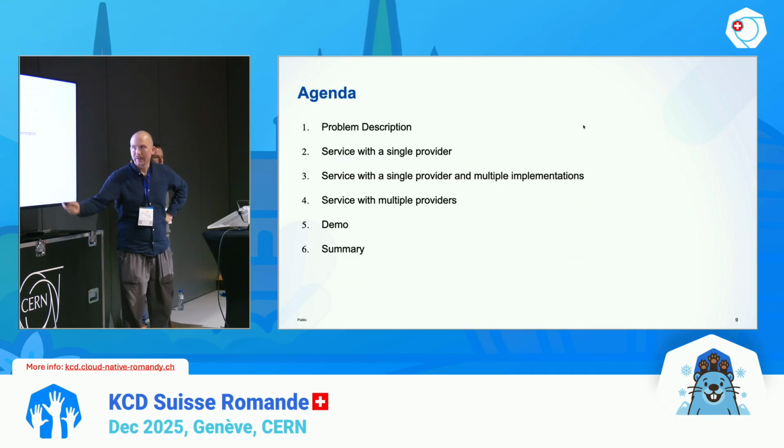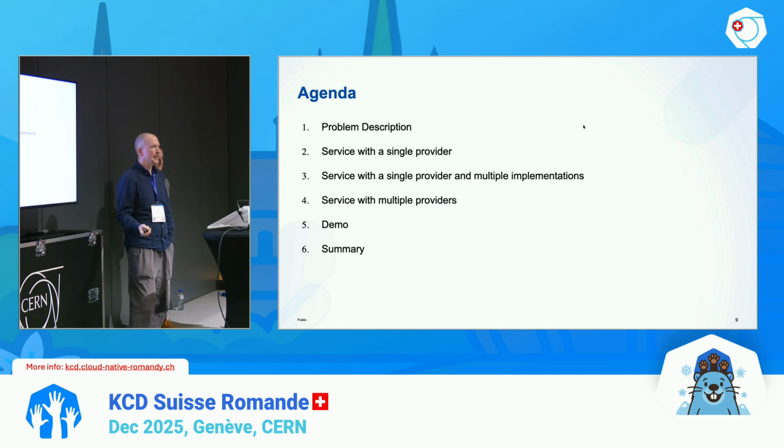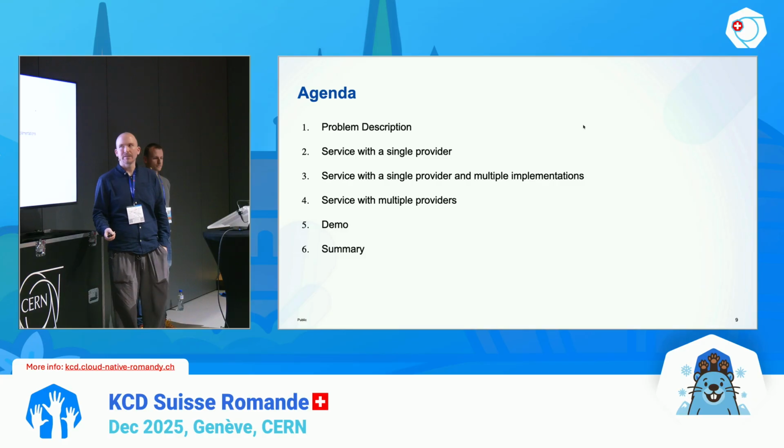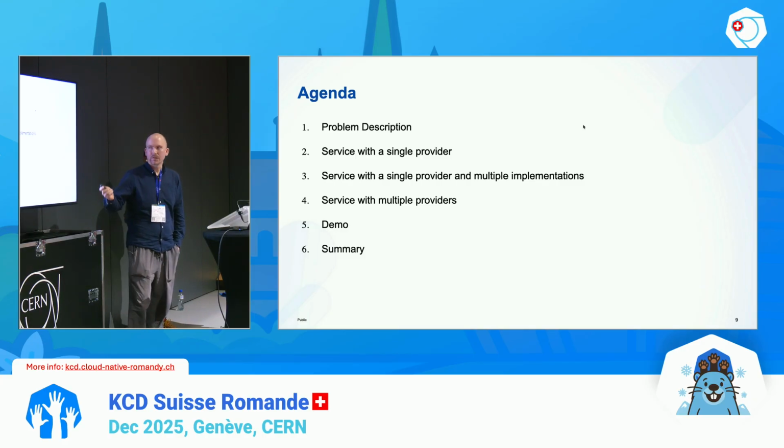To our talk, we first want to talk a bit about the problem description of what are polymorphic interfaces and what kind of problems we want to solve with these. Then we'll jump into a service with a single provider, something that is possible with KCP today. Then we want to talk about how we want to implement a service with a single provider and multiple implementations backing this service.